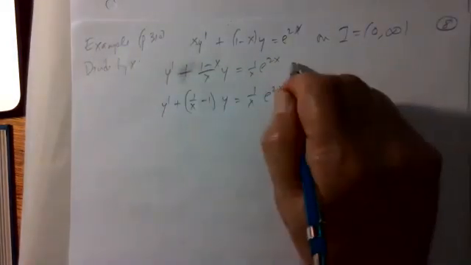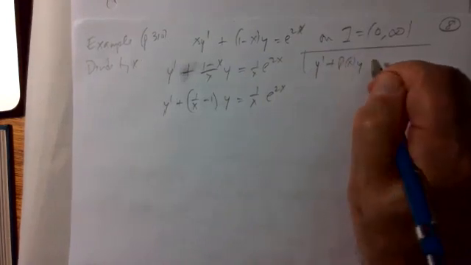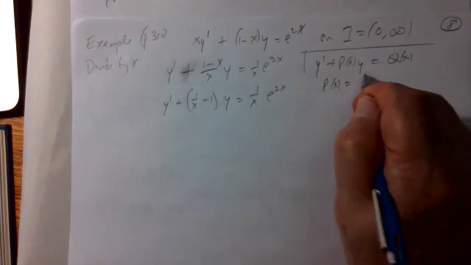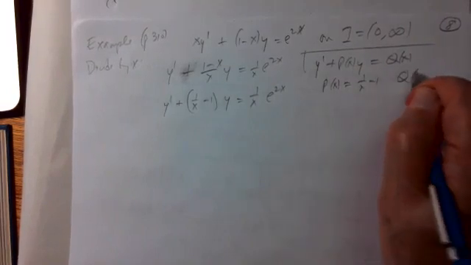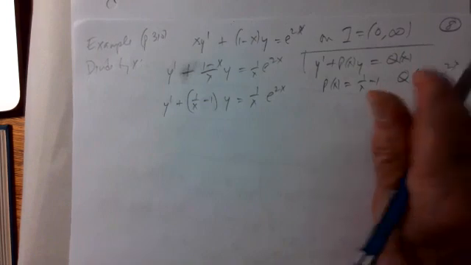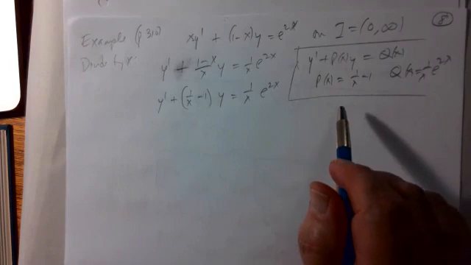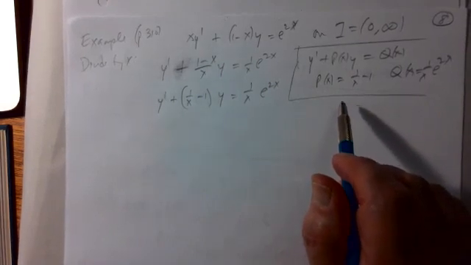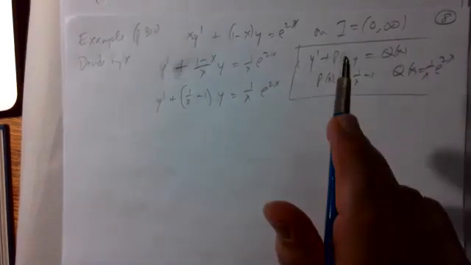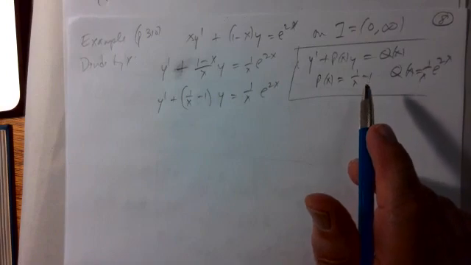So in the notation we've been using, y prime plus p of x y equals q of x. P of x is 1 over x minus 1, and q of x is 1 over x e to the 2x. And these functions are both beautifully simple and continuous for positive values of x.